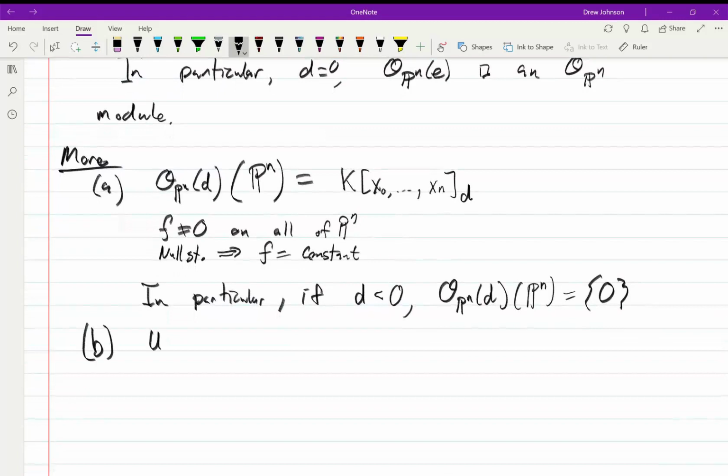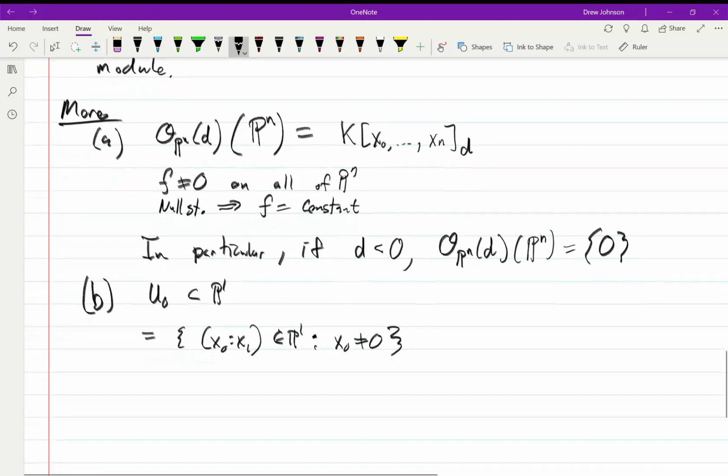So, for example, if we take U0 in P1 to be defined as the standard open set, points with homogeneous coordinates x0, x1 such that x0 is not 0. All right, so we'll take this open subset of P1, and let's look at the sections of O(-1) on U0.